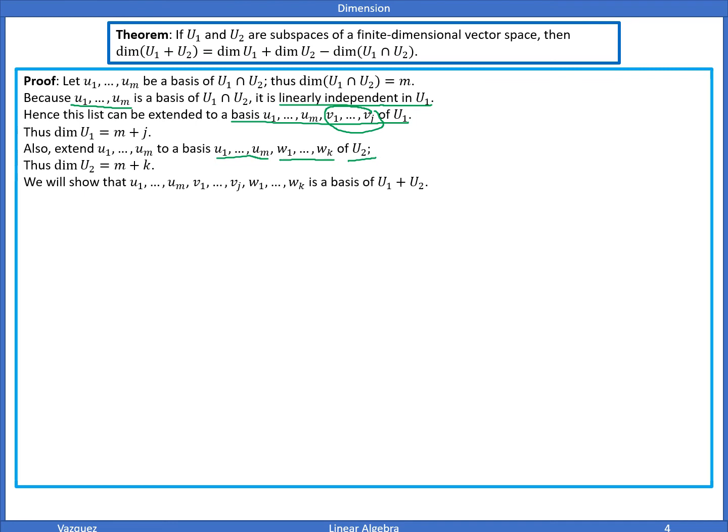So now we're going to show that U1 to UM, that list including V1 to Vj, and also including W1 to WK, is a basis of U1 plus U2.